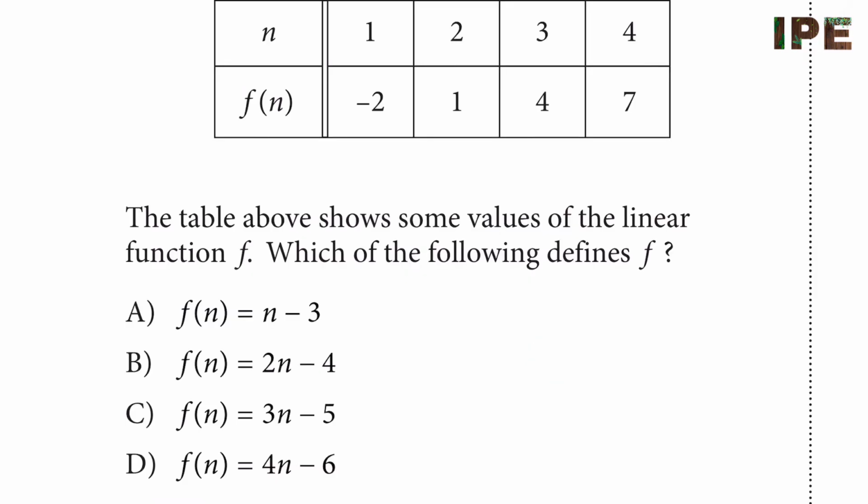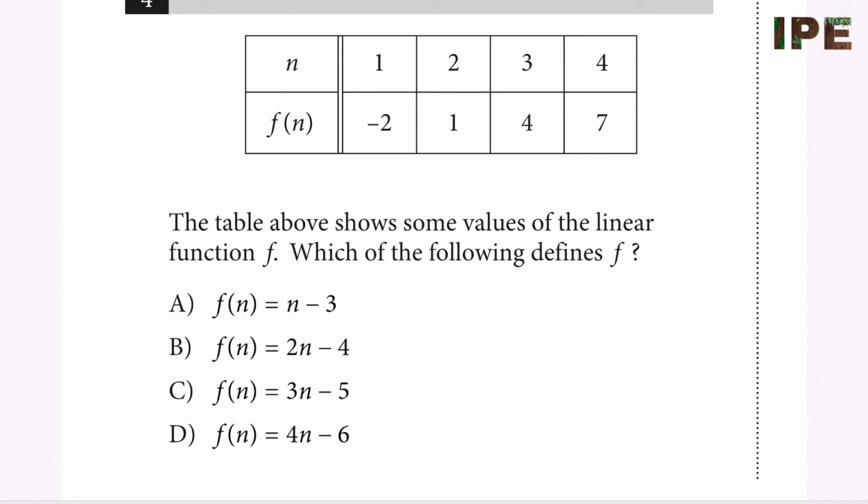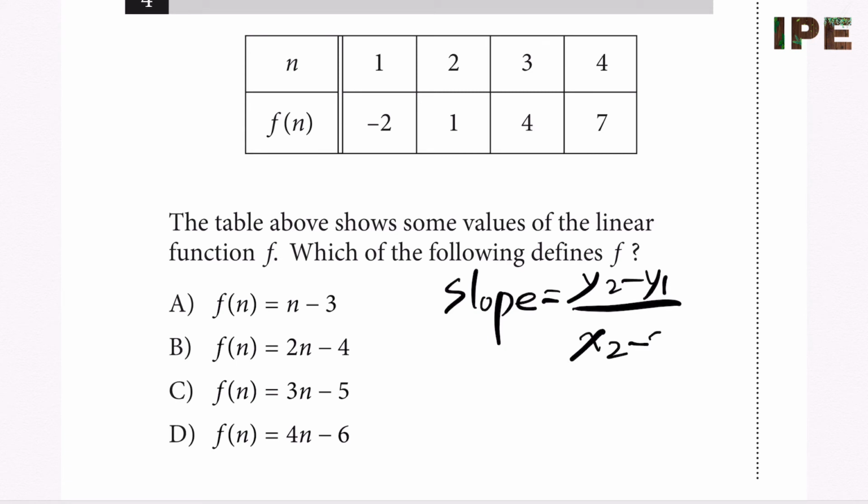The table above shows some values of the linear function f. Which of the following defines f? There are many ways, but I'm going to use slope. The easiest way to solve this problem quickly is to find the slope. Slope between 2 points is y2 minus y1 over x2 minus x1, and I'm going to use these 2 points, x1, y1, x2, y2.